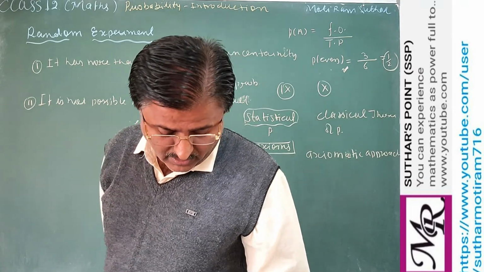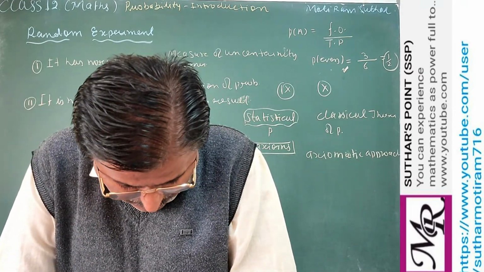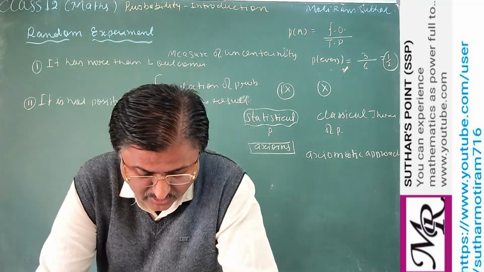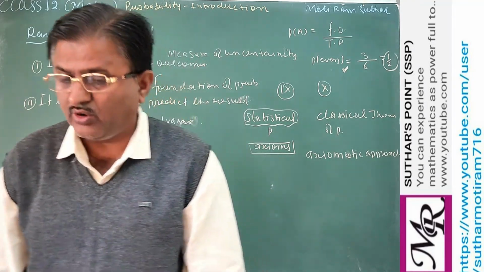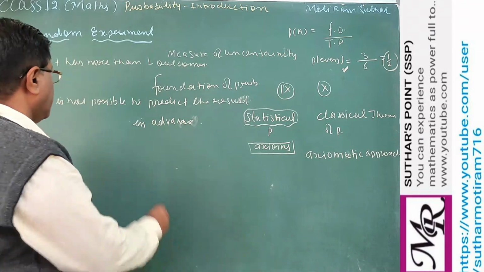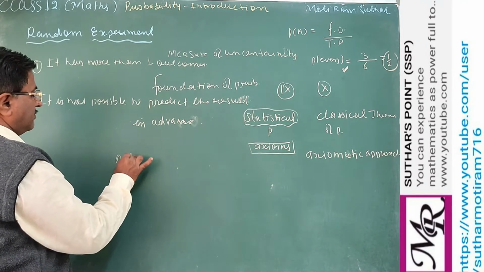Clear? Now, outcome and sample space. A possible result of a random experiment is called an outcome. You already know the meaning of outcome.